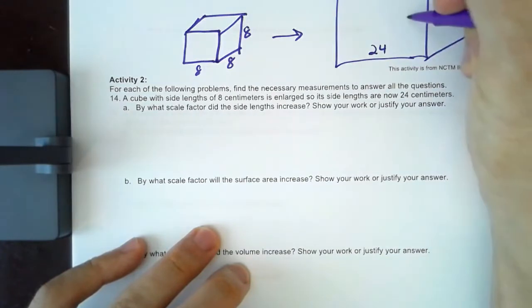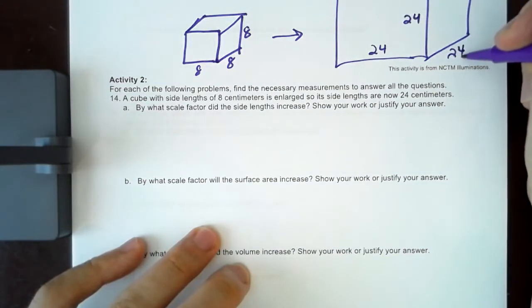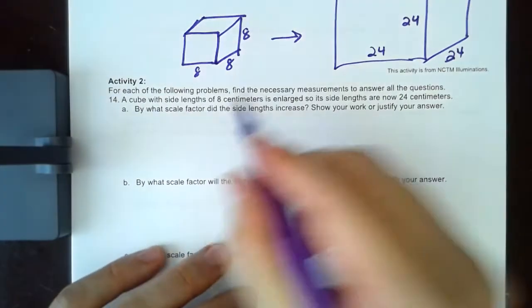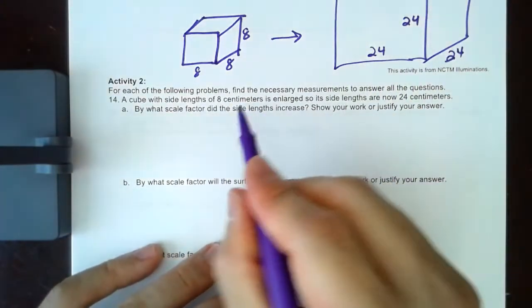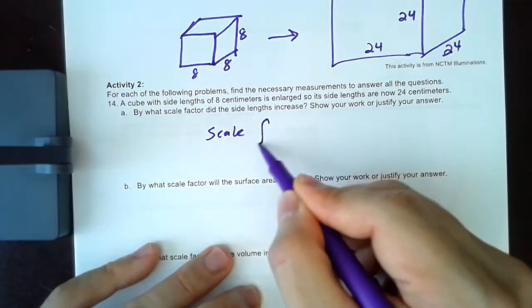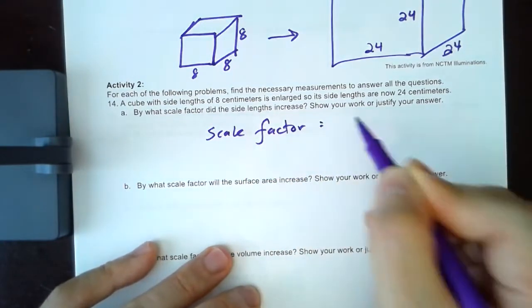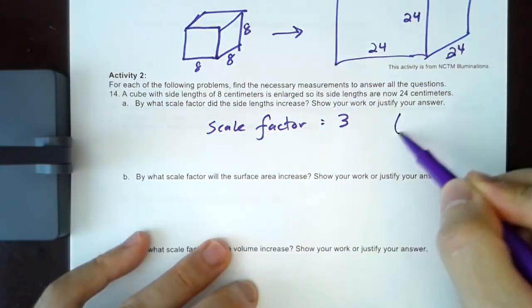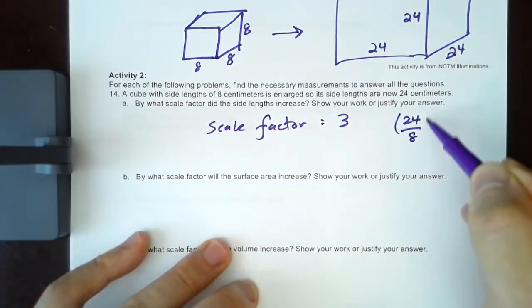Now it's 24 and 24 and 24. So you know that the scale factor was what, class? We know that the scale factor was 3, because 24 divided by 8 is equal to 3.